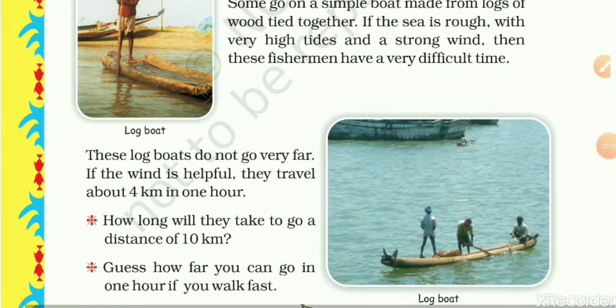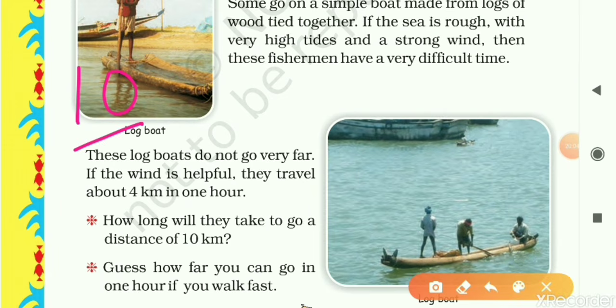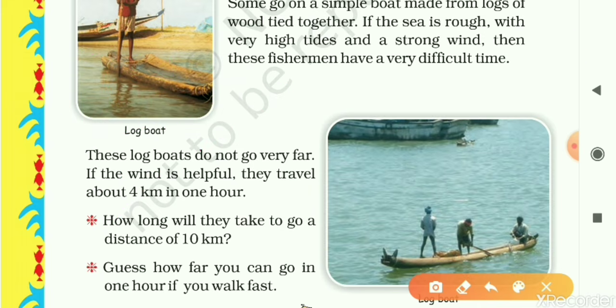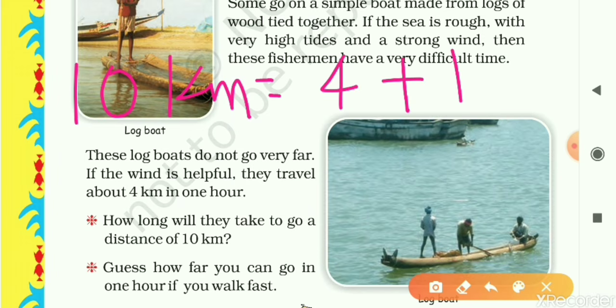Yes, it will be 10 upon 4 hours. It means actually we have to divide 10 by 4. Okay, so let's make pairs of 4. If you divide 10 kilometers in groups of 4, you will get 4 plus 4 plus 2.